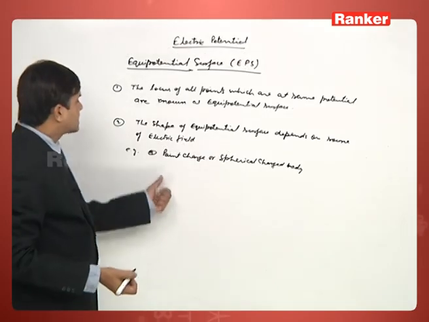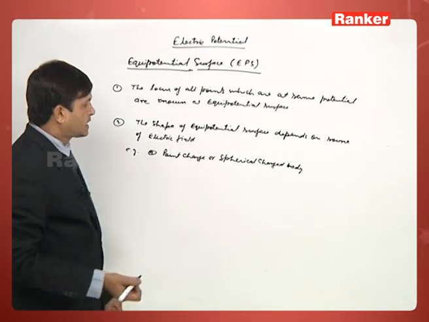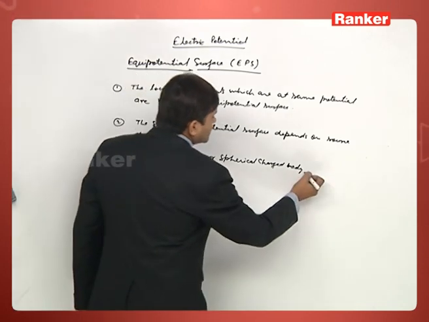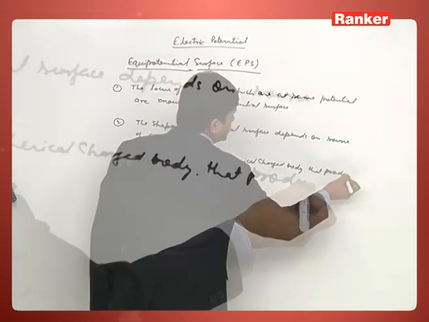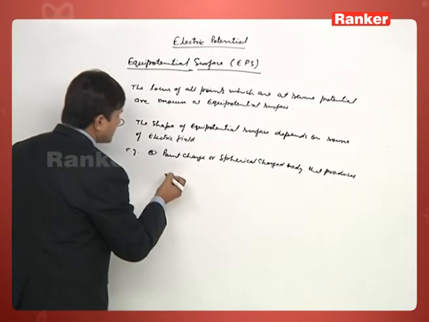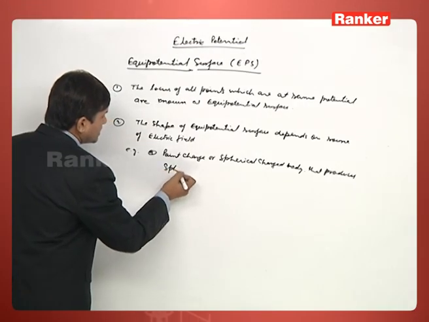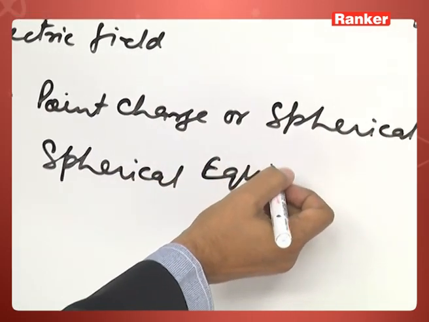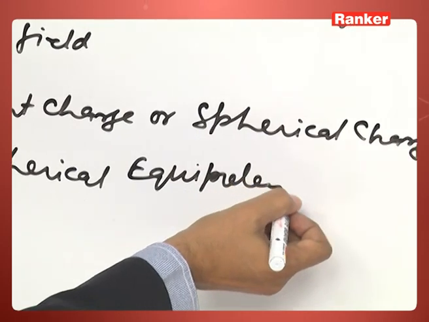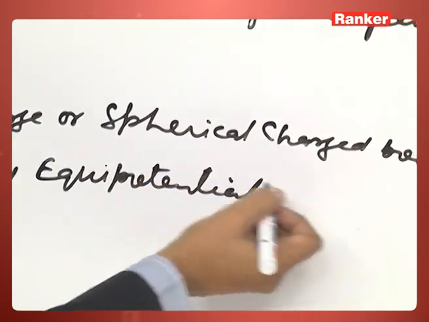Okay, if we are discussing a point charge or a spherical charge body, that produces a spherical equipotential surface.